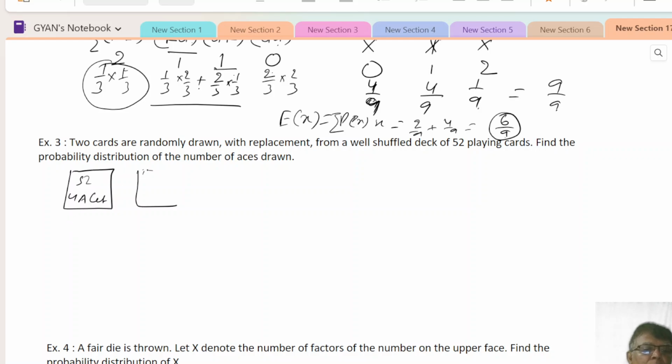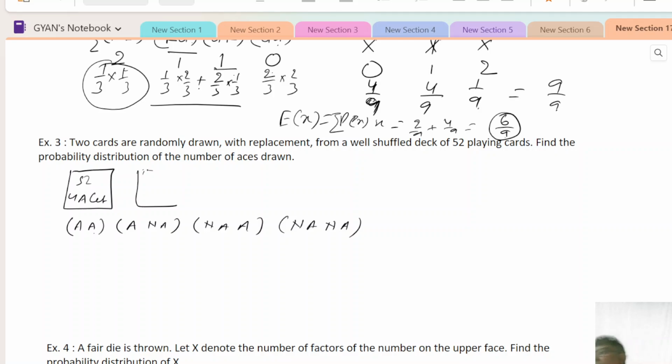So the first card is an ace and the second also an ace, or an ace and a non-ace, or a non-ace and an ace, or a non-ace and a non-ace. So what is the probability of each? This one is 4 by 52 into 4 by 52.